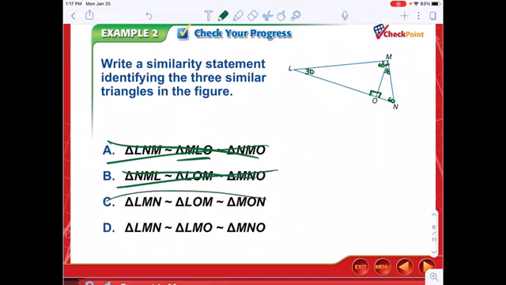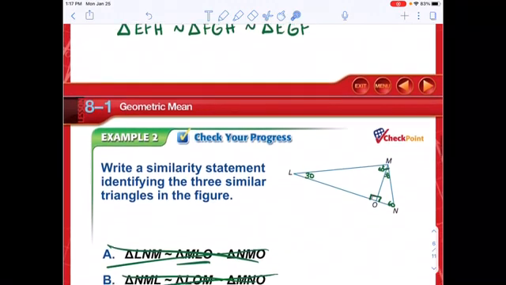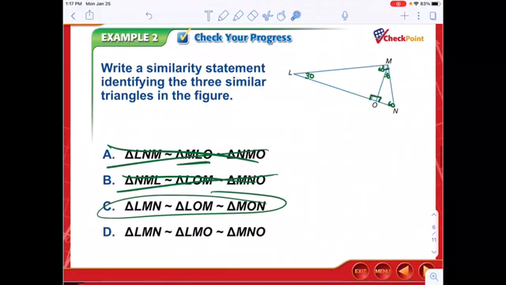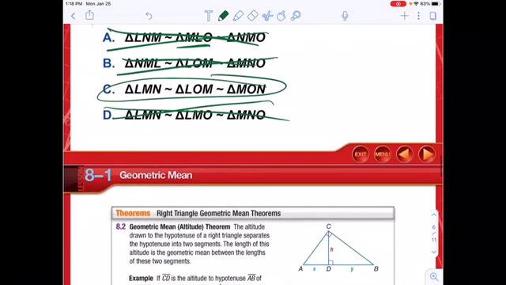This one looks pretty good. Maybe we'll check the last one just to make sure. The last one, L, MN, 30, 90, 60, L, O, MO, 30, 60, 90. So nope. C is our good one. Those are the similar triangles. It's almost easier to just write them yourself.